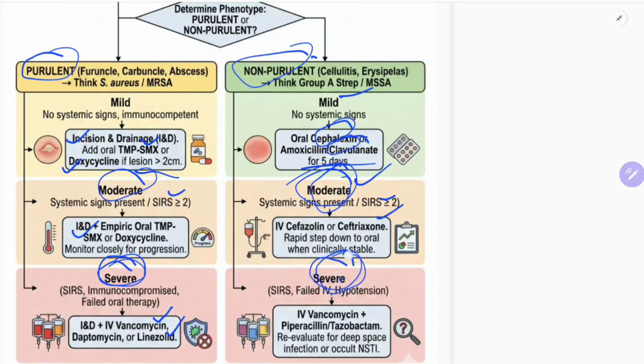But if it is severe non-purulent SSTI, then you should have MRSA coverage along with broad empirical coverage. Like IV vancomycin and piptaz you should use, if it is very much severe. That we have discussed in the initial classification also. Unless the non-purulent SSTI is severe, MRSA coverage is not required. If the non-purulent SSTI is severe, then MRSA coverage is required. That we need to remember.